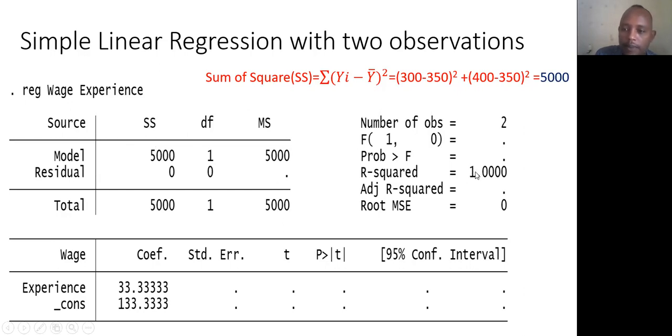Look at here. R square becomes 1. Another name for R square is the coefficient of determination. The value of R square ranges from 0 to 1.